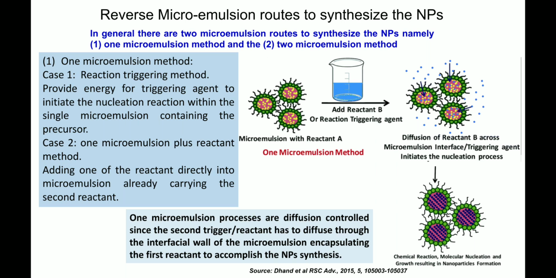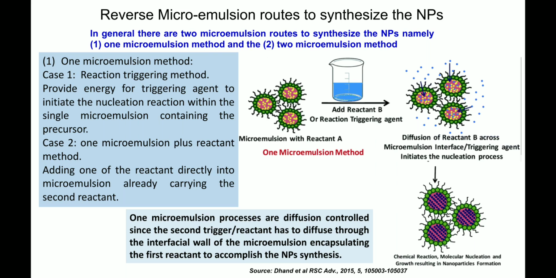So we are going to take an example of the reverse microemulsion technique to synthesize nanoparticles. Just for simplicity, we are trying to use the reverse microemulsion route. In general, there are two microemulsion routes, two ways by which we can synthesize nanoparticles using the reverse micelle technique.